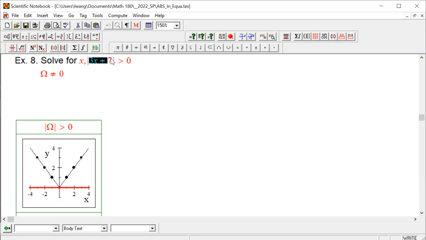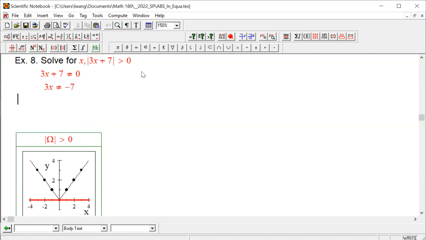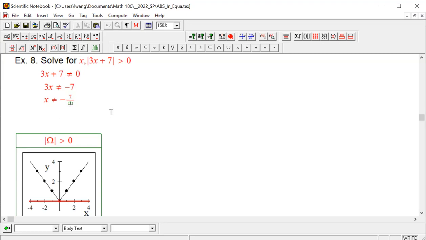And our omega is 3x plus 7. And then you get 3x not equal to -7. So in the end, you get x is not equal to -7/3.